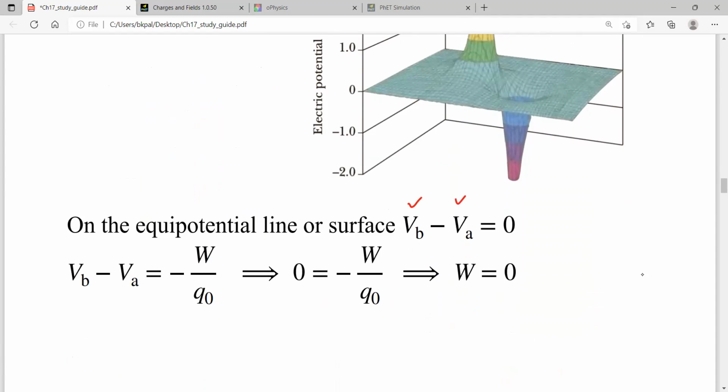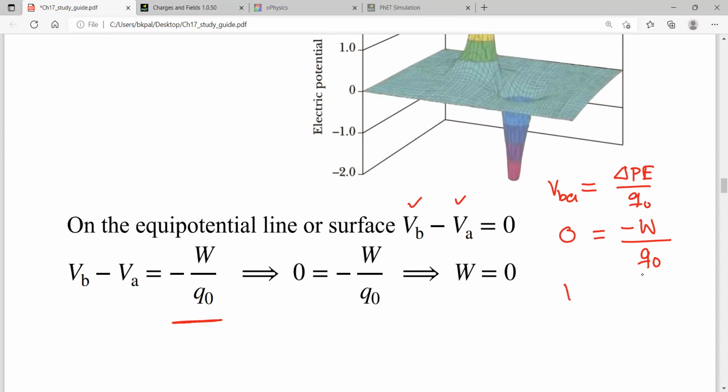Now we know that the change in potential is equal to this: VB minus VA is equal to delta PE over Q0. And delta PE means W, so W over Q0. On an equipotential, VB minus VA is equal to 0, right?